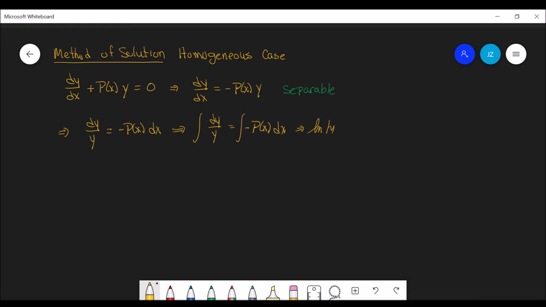So we have log absolute value of y is equal to negative antiderivative p of x dx. So the general solution has form y of x is equal to e to the negative integral p of x dx.